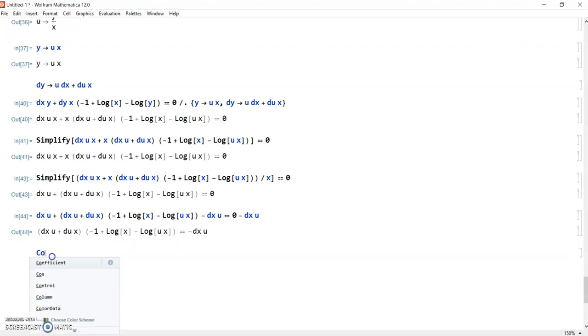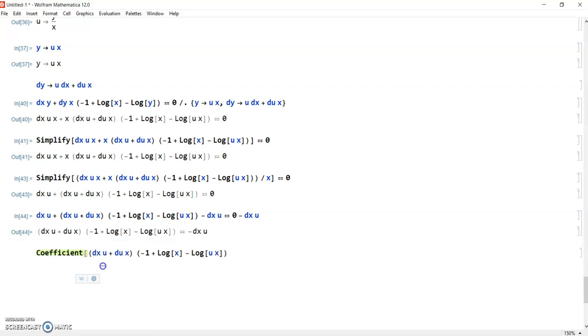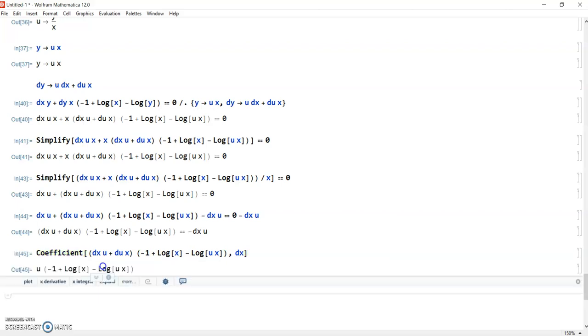So for example, I want to find from this expression the coefficient, Control V, close. But what coefficient do I want to find? I want to find the coefficient of dx. Okay, and this is this value.